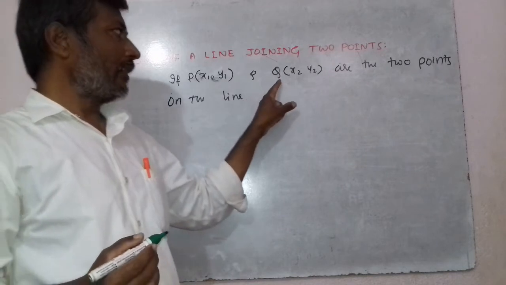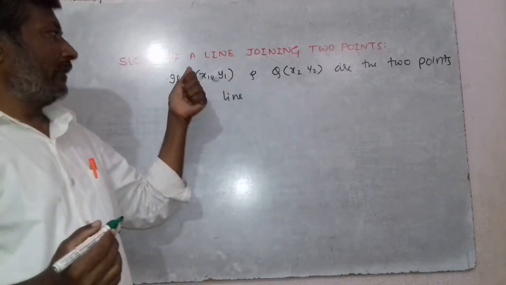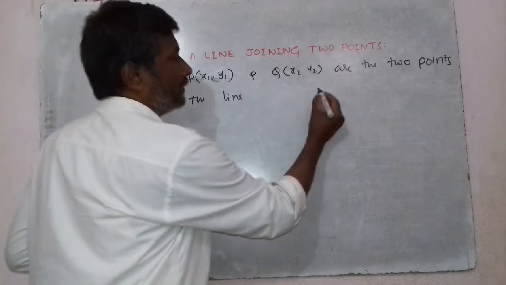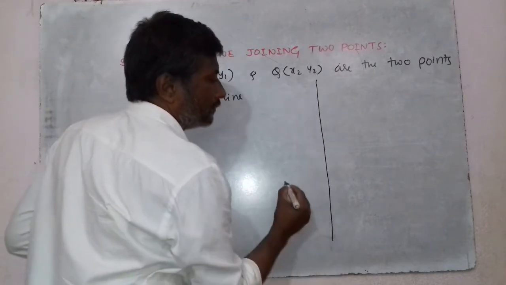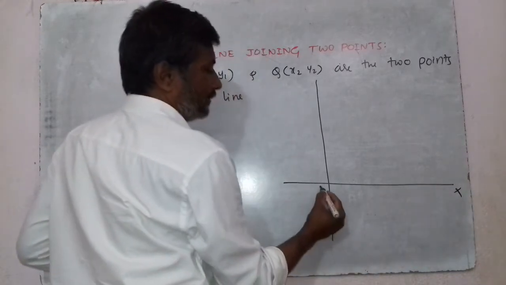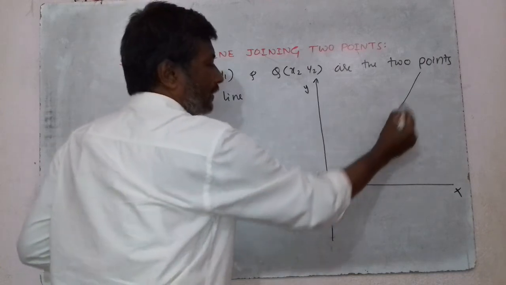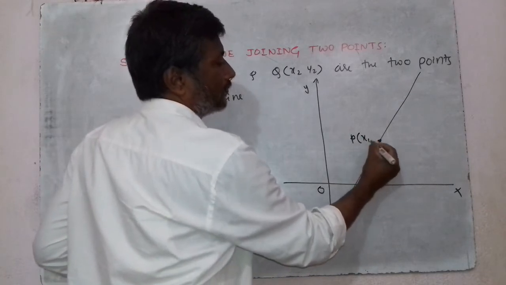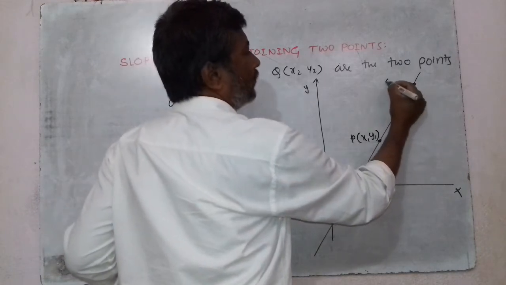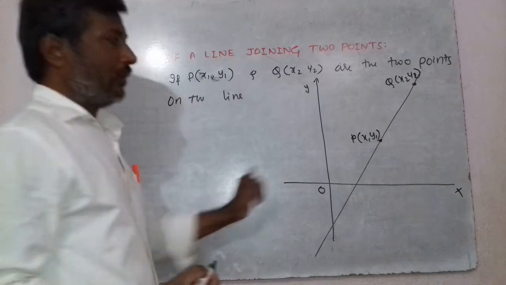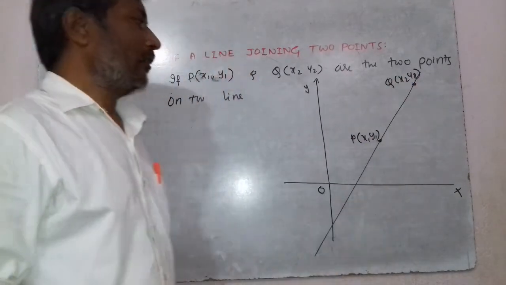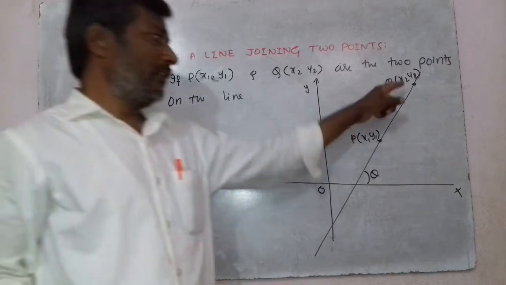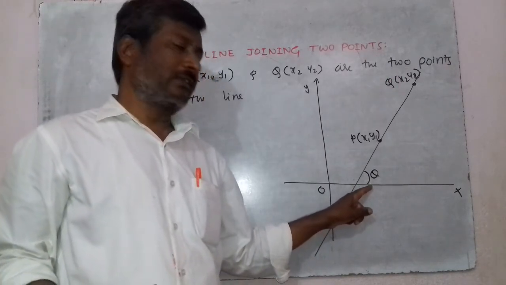P (x1, y1) and Q (x2, y2) are two points on the line, and the line makes an angle theta with the positive direction of the x axis.